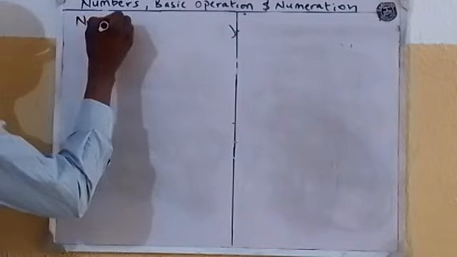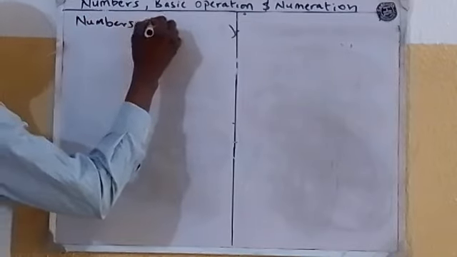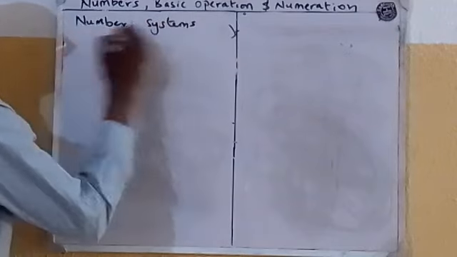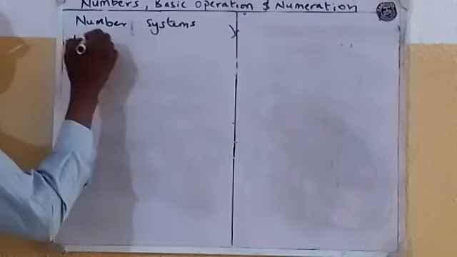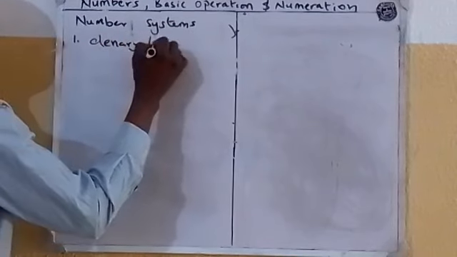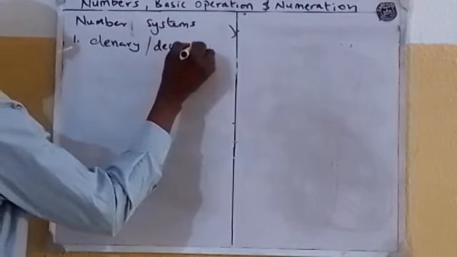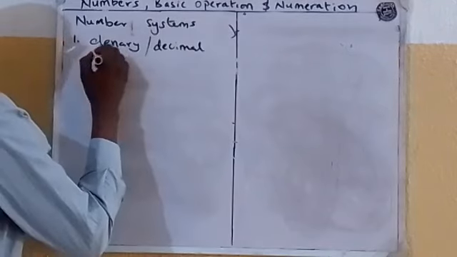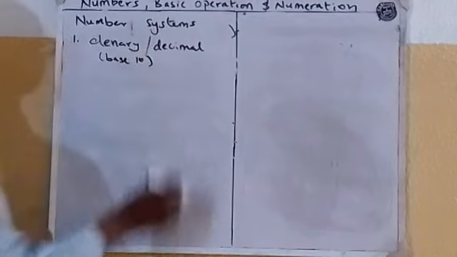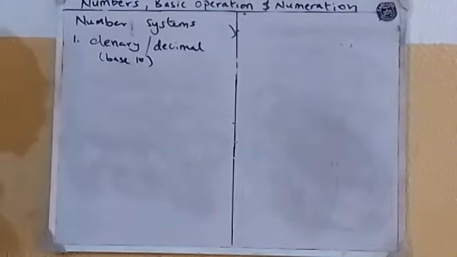So number systems include denary or decimal. You can call it decimal, and it's in base 10. And that's the one that we know.